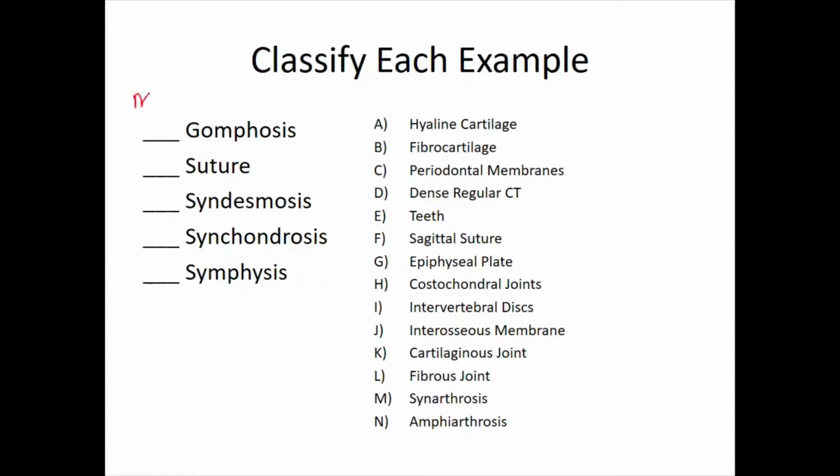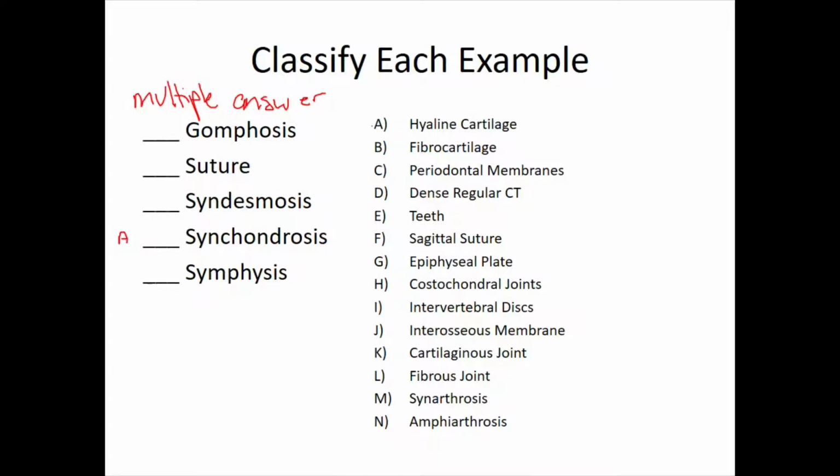So how would we classify? Let's just march through. What is hyaline cartilage? Is it gomphosis? No. Suture? No. Where do we have hyaline cartilage? Only at a synchondrosis. That's the only place, so we are done with that one. Where do we find fibrocartilage?